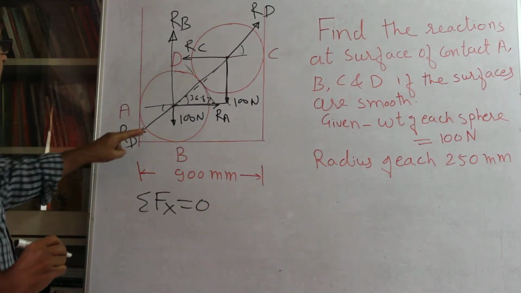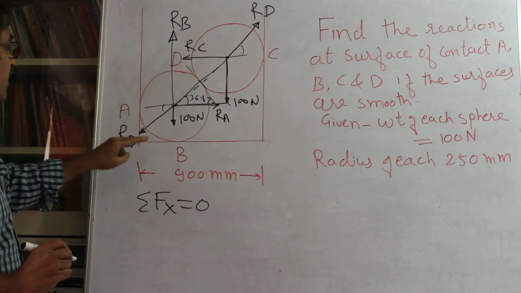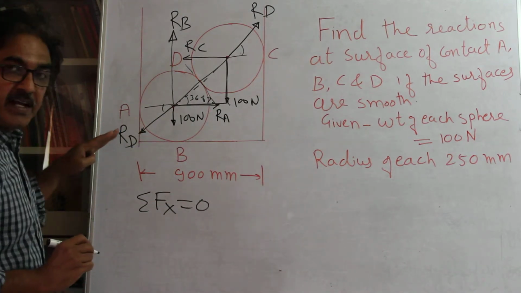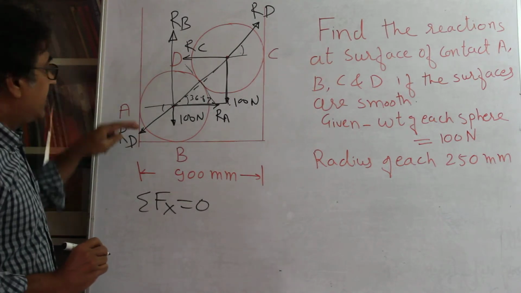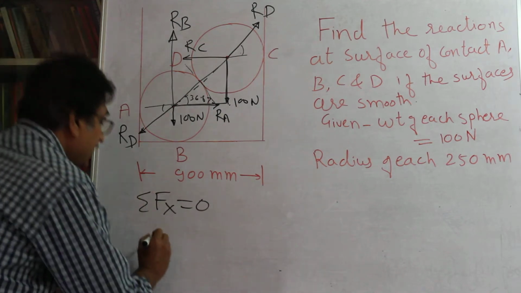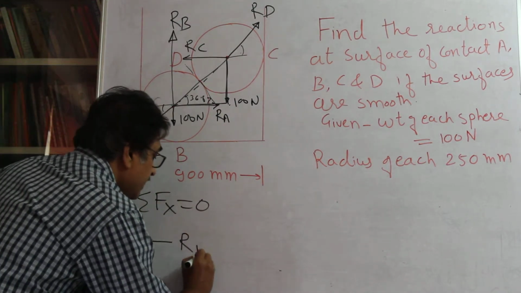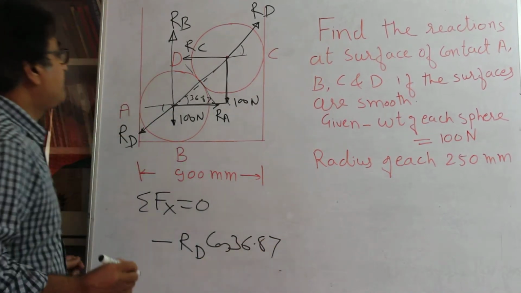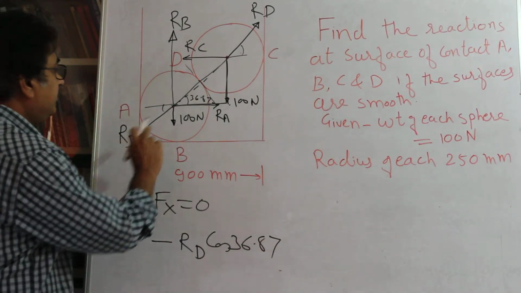RD is in the downward direction. When you resolve horizontally, it is cos of 36.87, towards the left. So I'll write minus RD cos 36.87.